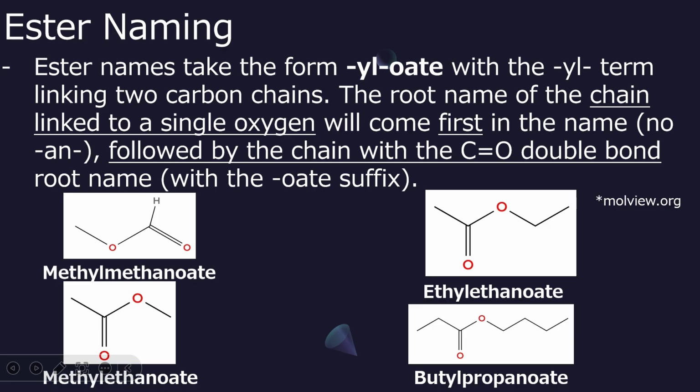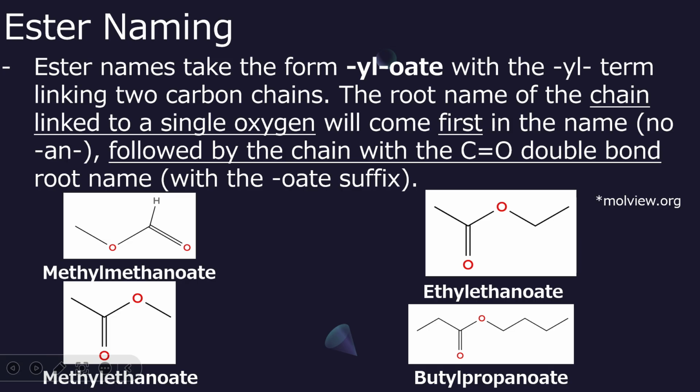And again, we'll have no AN or EN or YN on that first name. So we'll just have things like methyl, ethyl, propyl, meth for 1, eth for 2, prop for 3, for example. They continue on. This will be followed by the chain with the C double bond O in it. The root name of that will have the oate suffix then to finish off the name of these molecules.